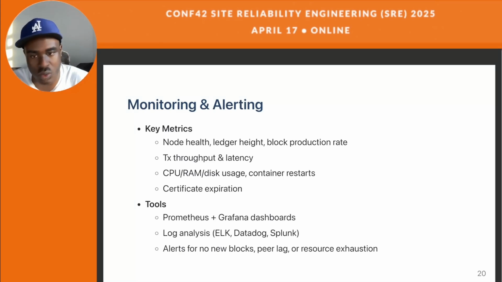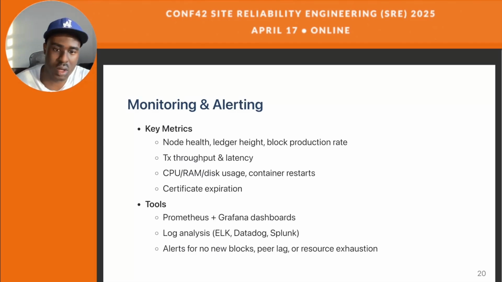A popular combo is Prometheus plus Grafana, but you can also use stuff like ELK for log analysis. Things you want to alert for: no new blocks have been created, or even resource exhaustion.